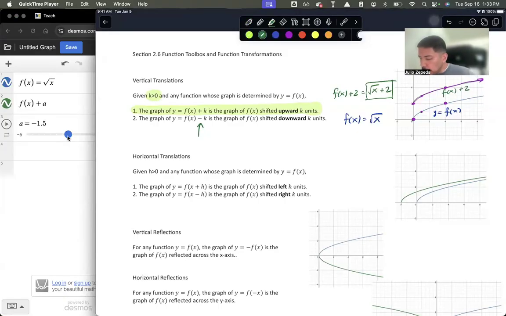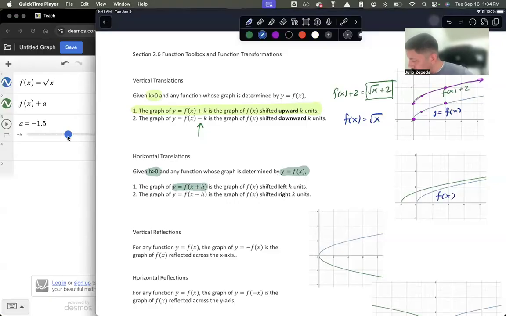So assuming that h is a positive number, now if we take our y equals f of x and we add a number, notice how that number is added. It's inside of the function, f of x plus h. The plus h is in the function. Since this is a square root function, this is going to look like, well, we said f of x.